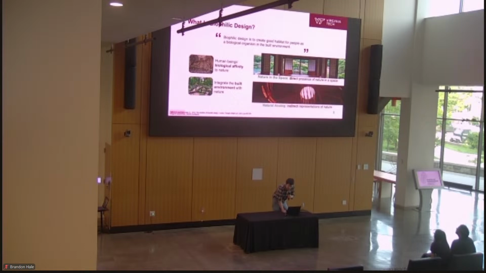And then there is another approach about biophilic design, the natural analog, which means an indirect representation of nature. For example, we can borrow any patterns, textures, contours and materials we can find in nature to recreate them in indoor spaces. For example, this one is a bamboo ceiling.